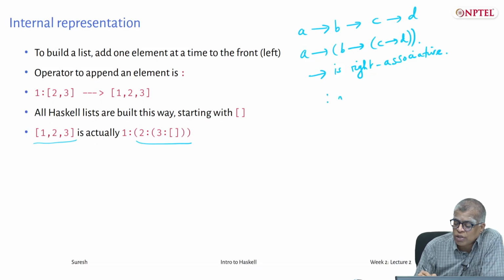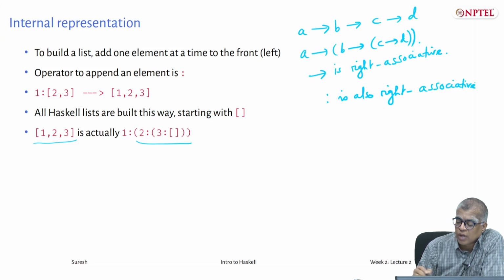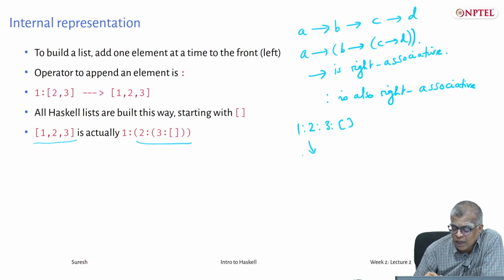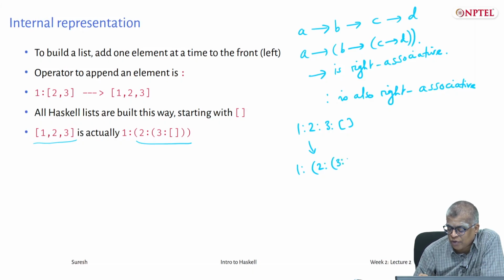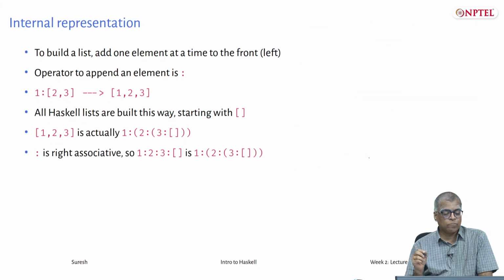Similarly, colon is also right associative. Therefore, 1 colon 2 colon 3 colon empty list is interpreted as 1 followed by the list consisting of 2 followed by the list consisting of 3 followed by the empty list. So this is what we have.